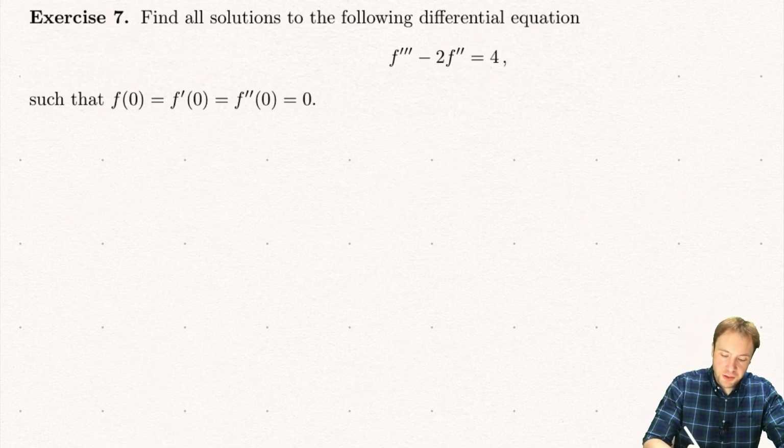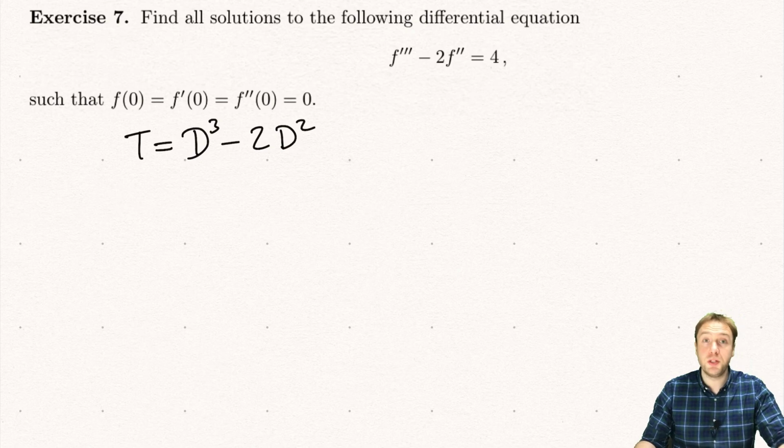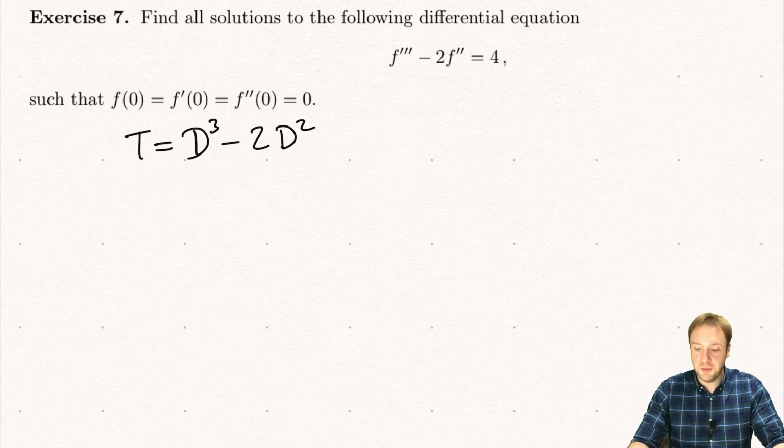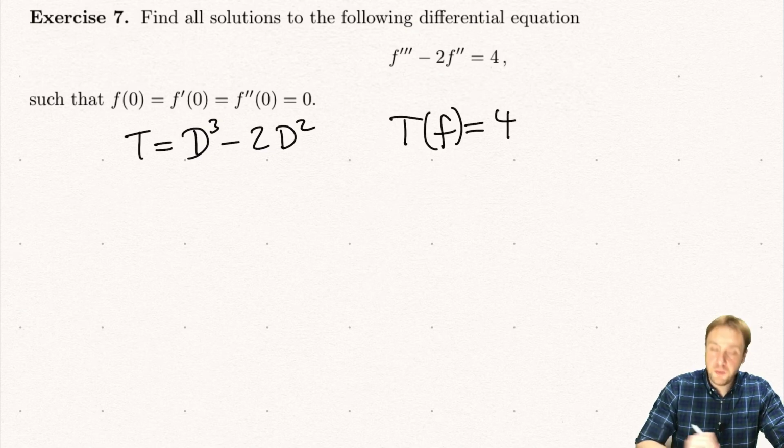And the differential operator here, in this case, is d cubed minus 2d squared. So recall d is just the map which sends f to its first derivative. And we want to solve the differential equation T f equals 4.